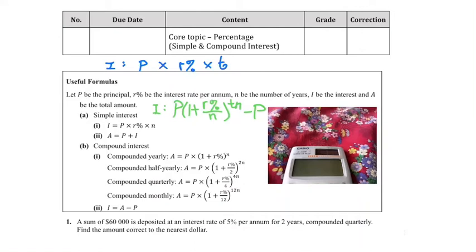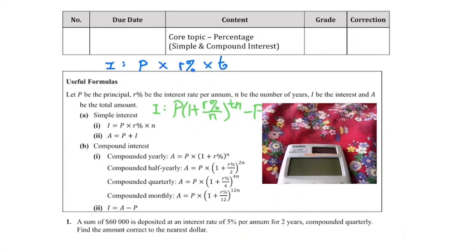Of course in Hong Kong we don't even feel like 4 seasons, but still in maths we have to write 4. And how about monthly? How many months are there in 1 year? Yes, 12. So you write 12 here. This is about the interest, right? How about if they ask you about the total amount? Just like the simple interest above, the total amount includes the original P plus the whole interest.